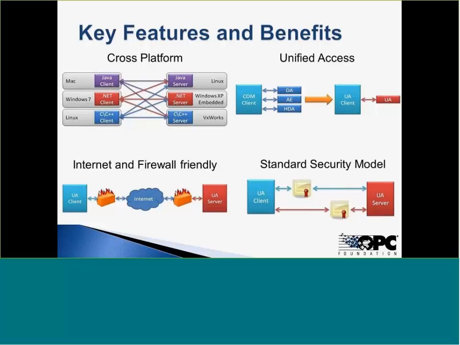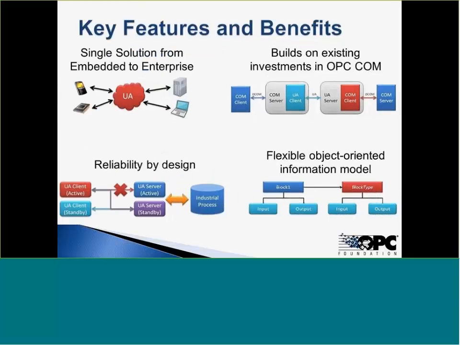Standard security is now built in, and Scott highlighted some of the features that InduSoft takes advantage of. The key things are encryption and certificates, and the ability to do authentication are all part of the basic benefits of OPC UA. So if you look at what we've done, we now have a single solution that allows you to take data and information from the embedded world all to the enterprise using the OPC UA technology.